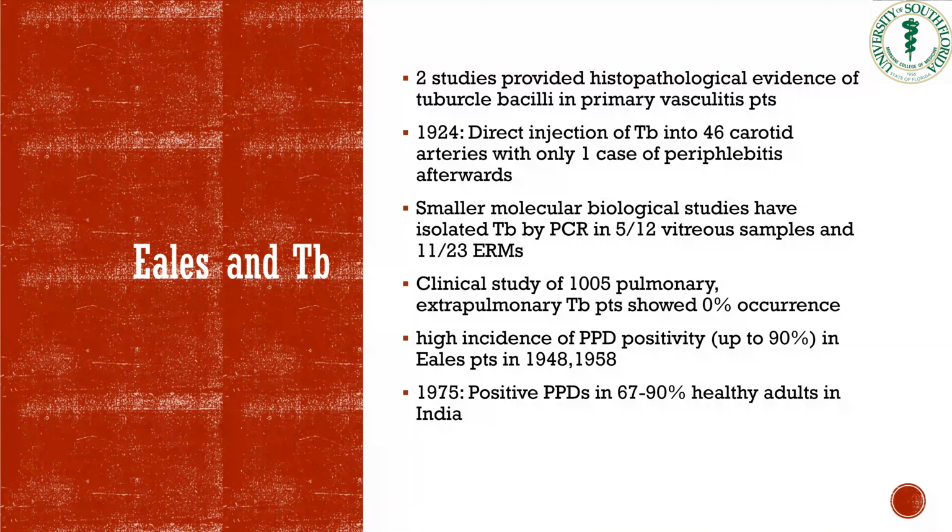For instance, in one of the larger case series, we saw a high incidence of PPD positivity in the Eales patients in 1948 and 58. But it's also worth mentioning that this was the age of the introduction of the BCG vaccine, and so in places like India, up to 67 to 90% of healthy adults did have positive PPDs.